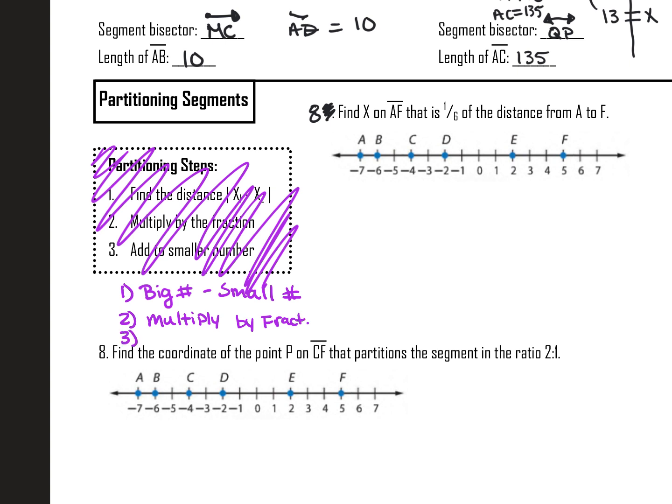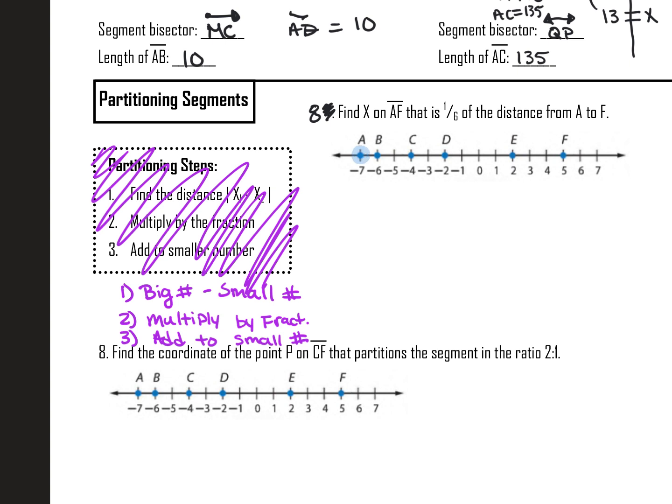And then 3, we are going to add to small number. All right. If you choose to use those steps in the box, that is perfectly fine. But for the purposes of this video, we are going to go ahead and continue doing my steps that I wrote in purple. So we are talking about segment AF in this question.